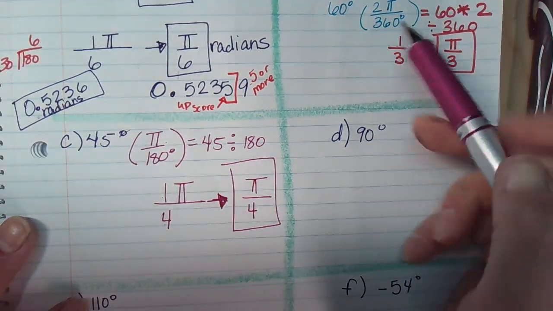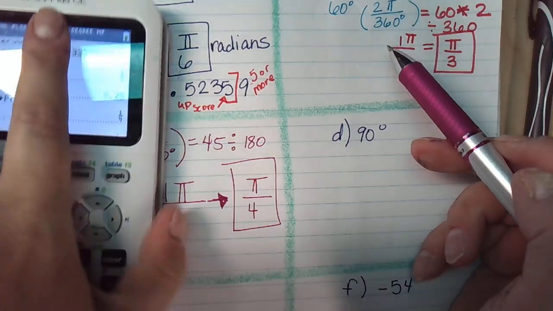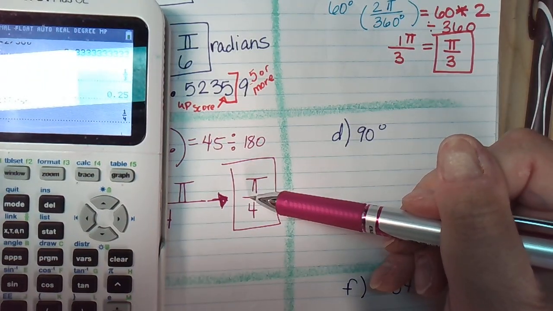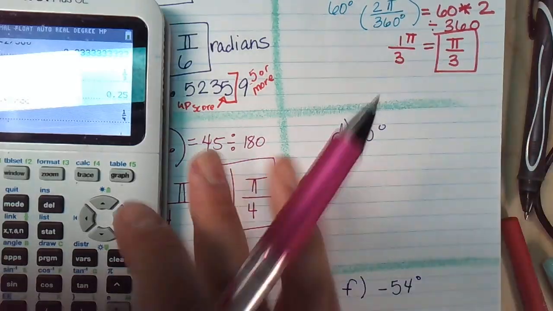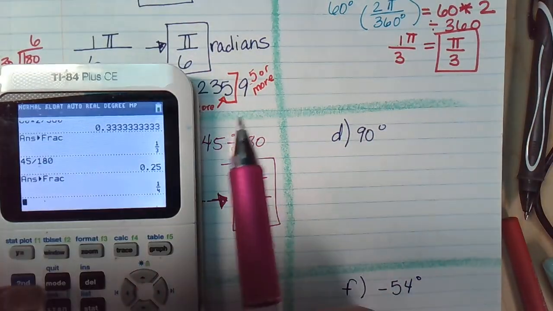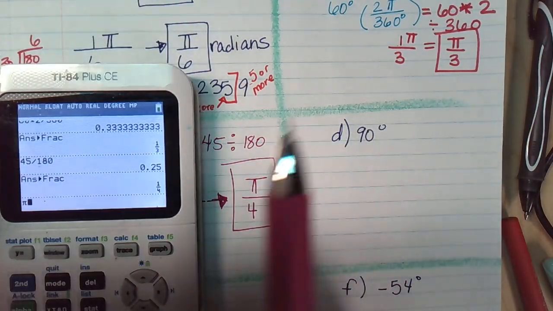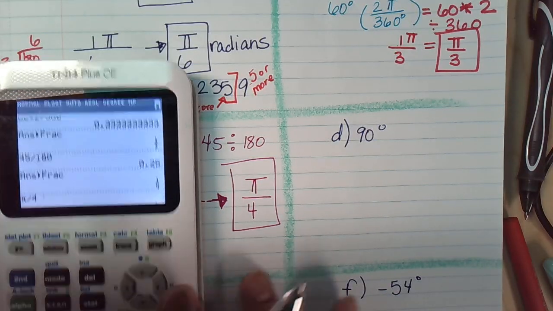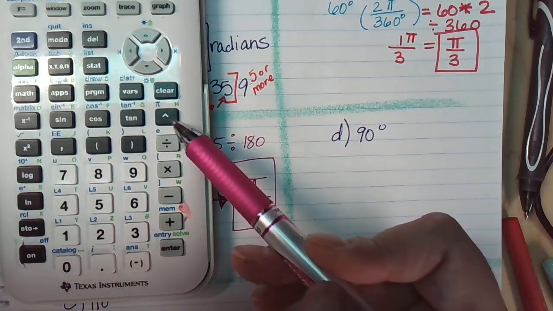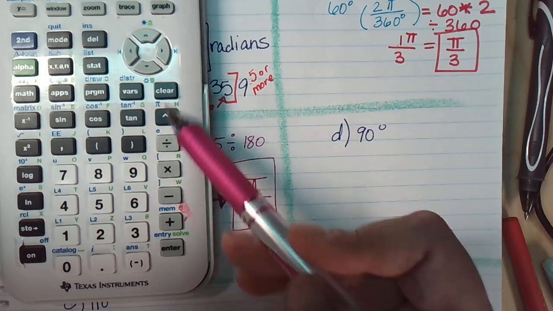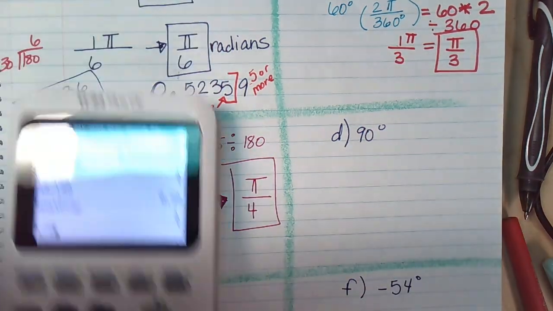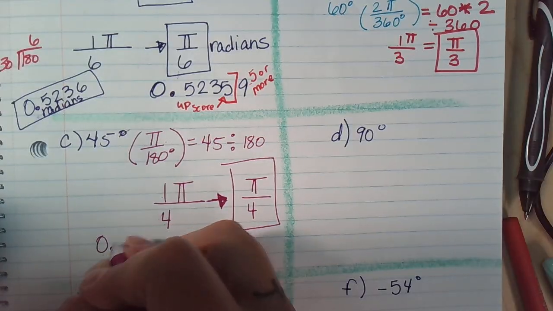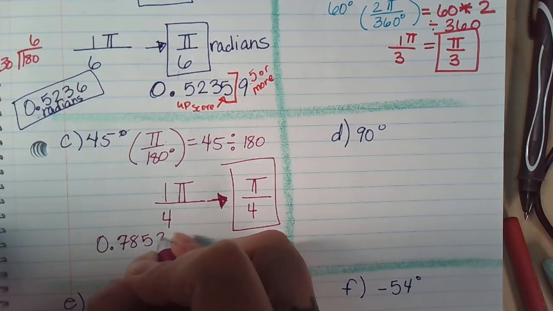I think I forgot to find the decimal on the last problem. Okay, if I want to find the decimal for pi over 4, I got to type the pi first. So second caret divided by 4. And remember that caret is right by the clear and the division sign? Okay. So pi over 4 is 0.78539.